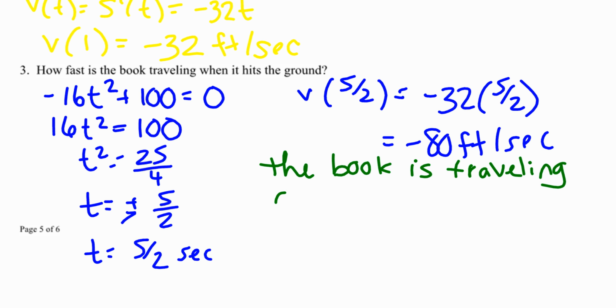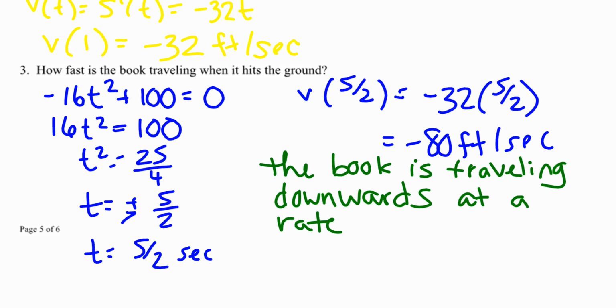This is a little intro into what we're going to be doing for the rest of the class: you've got to learn how to answer questions and explain your thoughts. The book is traveling downwards at a rate of 80 feet per second.